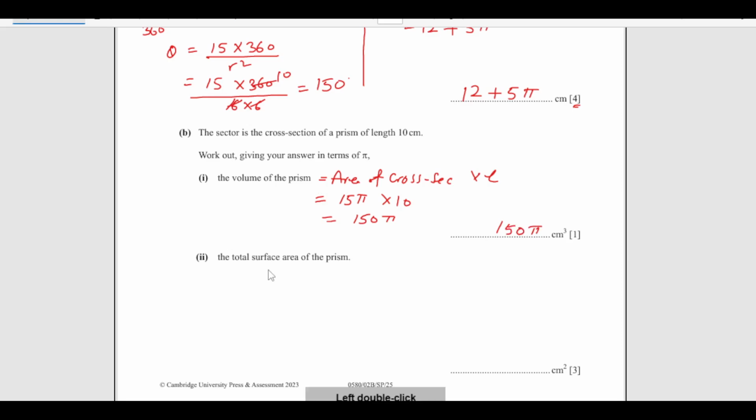Now the total surface area of the prism. Now this is a bit tricky, so you need to know what kind of shape it is. So you see the prism, it is like this. Now for the surface area, you see we have these two parts here, this one, right?